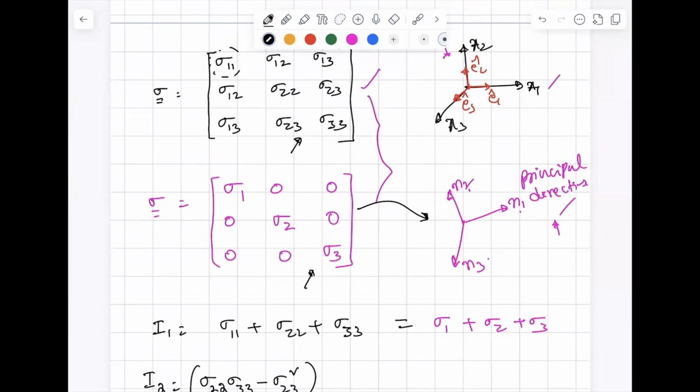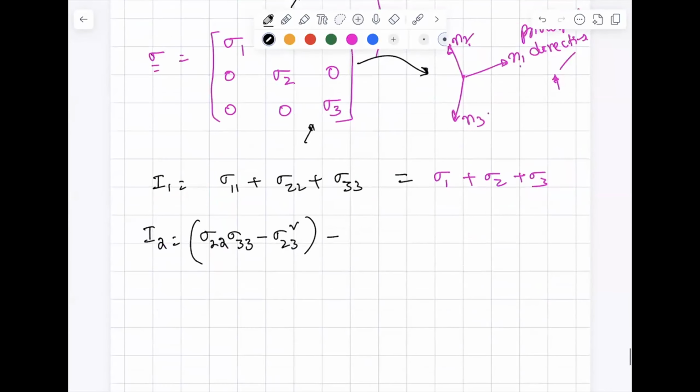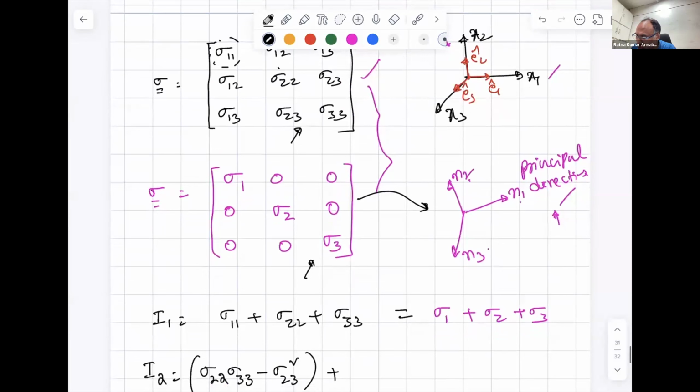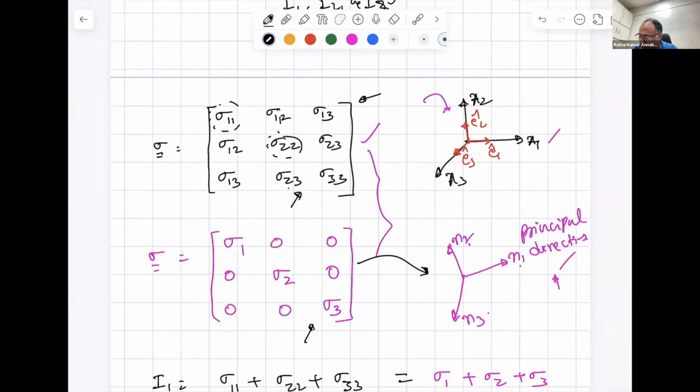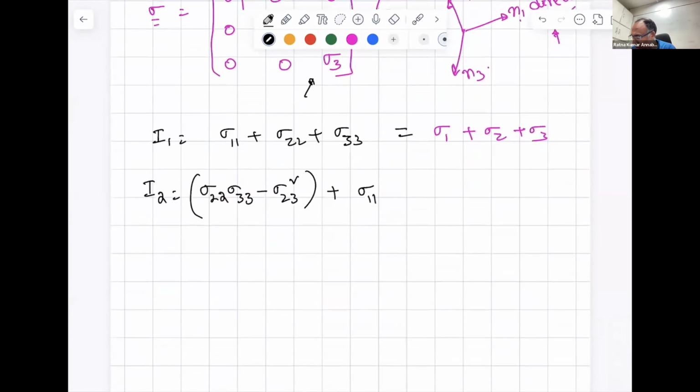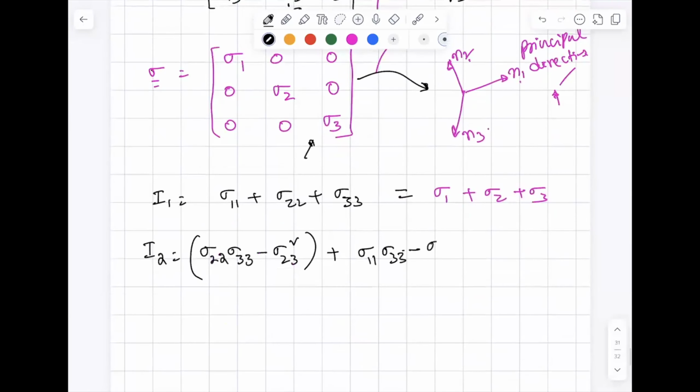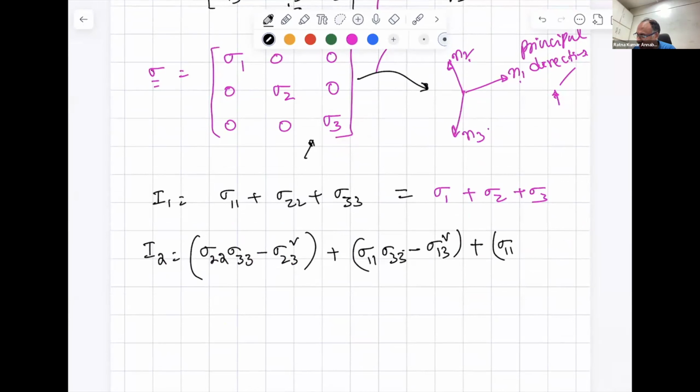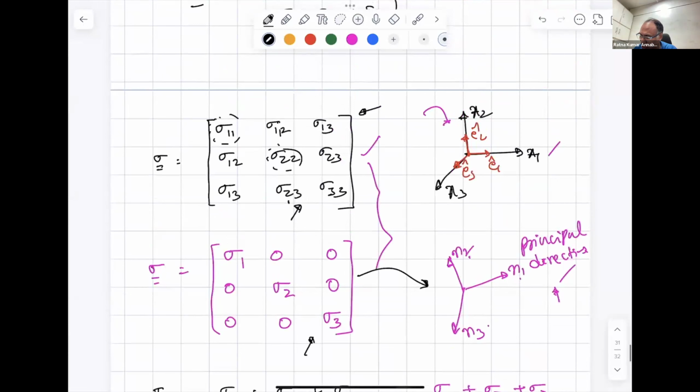Yes, sir. And the second minor will be plus, you take sigma 22, the second diagonal element, and then remove that row and column. Then you will have sigma 11, sigma 33 minus sigma 13 square, plus sigma 11, sigma 22 minus sigma 12 square.